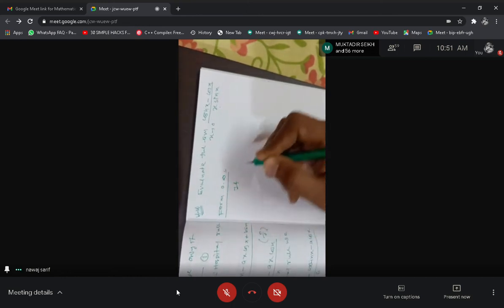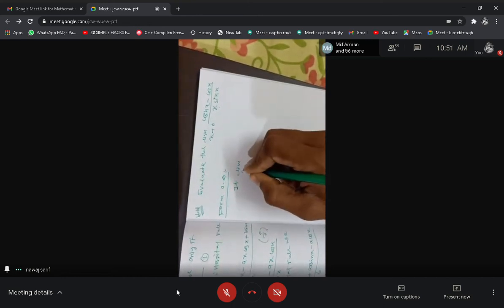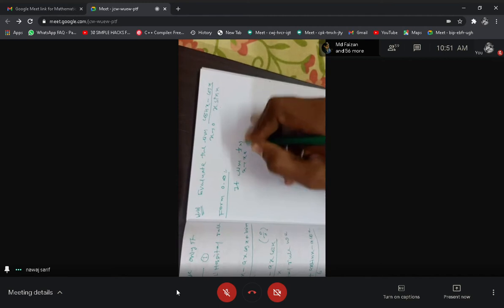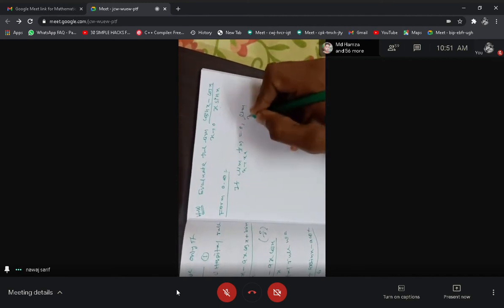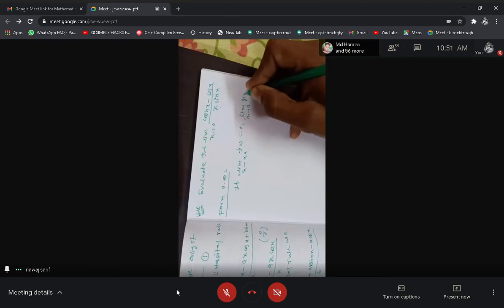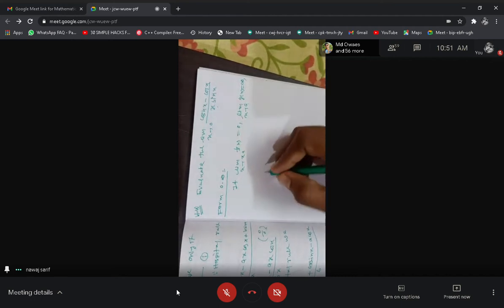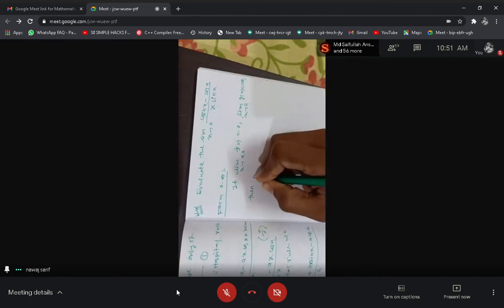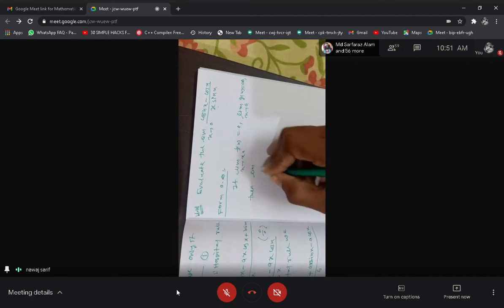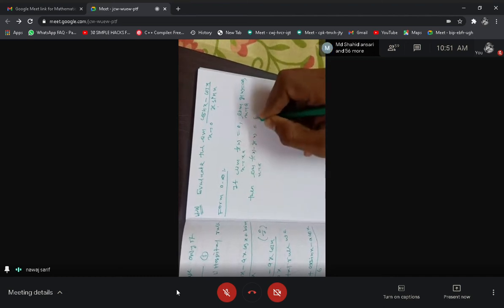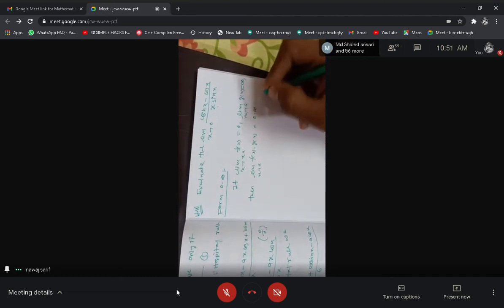Okay, if limit x tending to a of f(x) is 0 and limit x tending to a of g(x) equals infinity, then limit of f(x) into g(x) equals 0 into infinity form occurs.